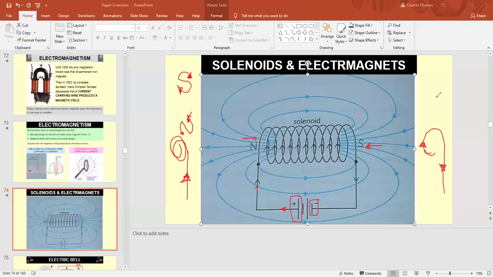Now look at how S is. Can you see the arrows are pointing in the same direction as the flow of electricity? This one is pointing downwards. And this one too is pointing downwards. Do you see that?